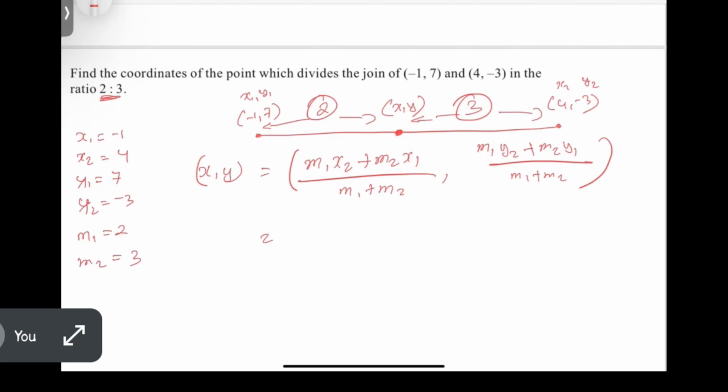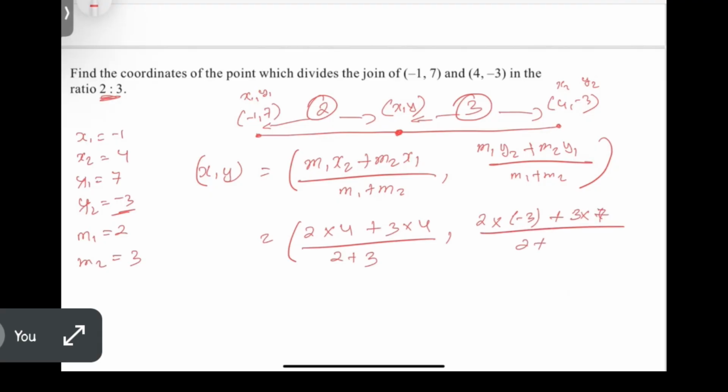M1 is 2, x2 is 4, plus m2 is 3, x1 is minus 1, divided by 2 plus 3, comma. M1 is again 2, y2 is minus 3, plus m2 is 3 into y1 is 7, divided by 2 plus 3.